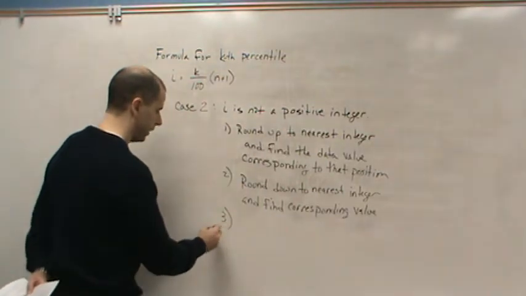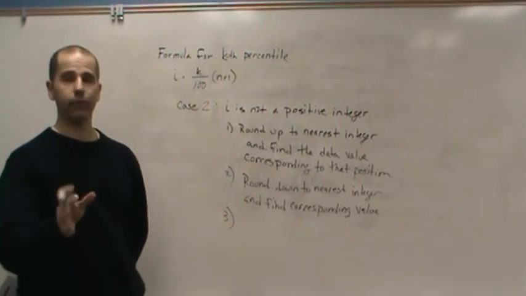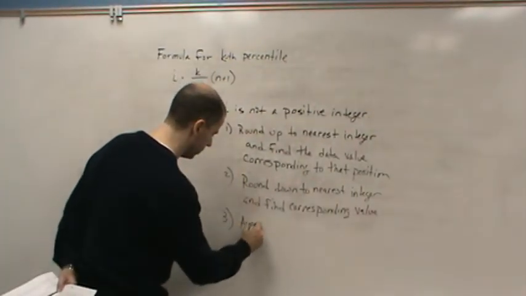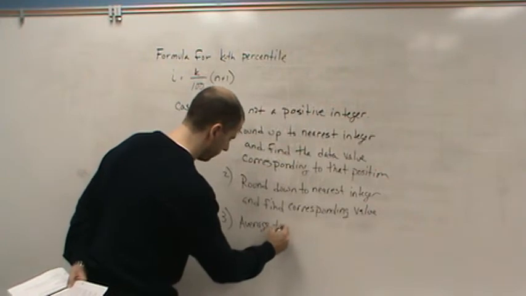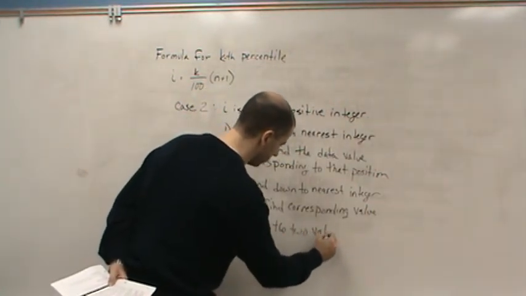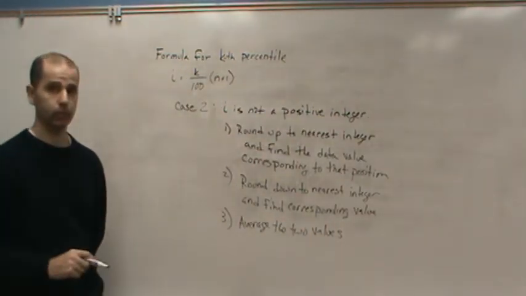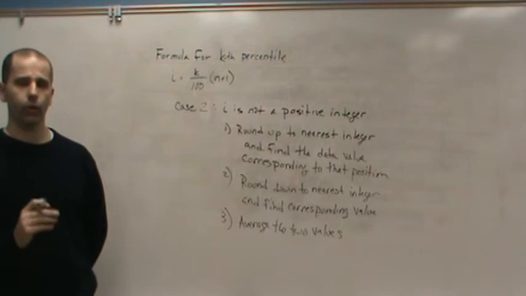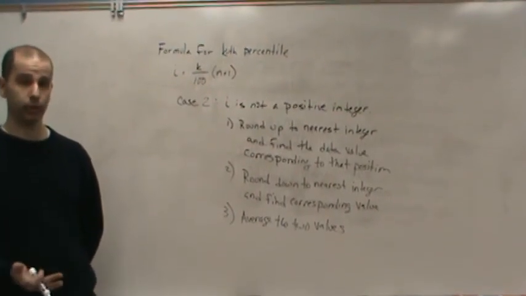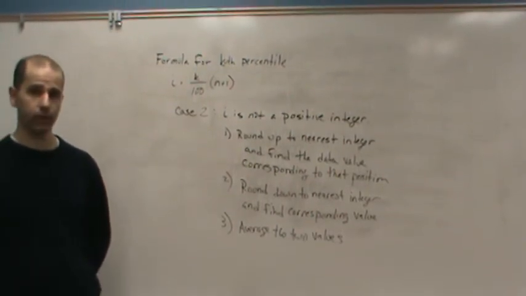And then, step three, average the two values from the data. So that's what you would do if you don't get a nice whole number. Those are the two cases you have to consider, and I hope that makes sense.